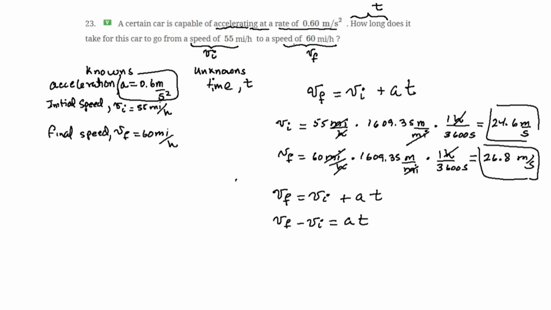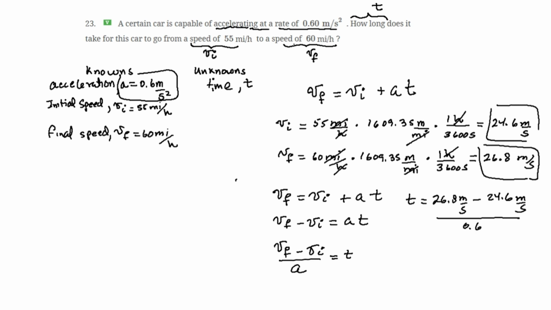So v final minus v initial, divided by the acceleration, is equal to t. So t will be equal to, what is my v final? 26.8 meters per second. Minus, what is my v initial? 24.6 meters per second. Divided by, what is my acceleration? 0.6 meters per second squared. So what is now the time?